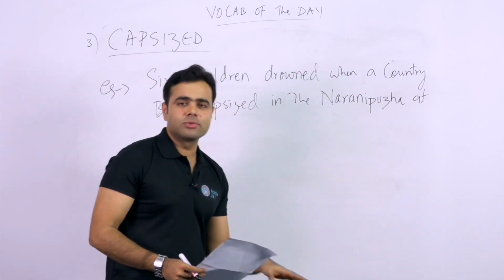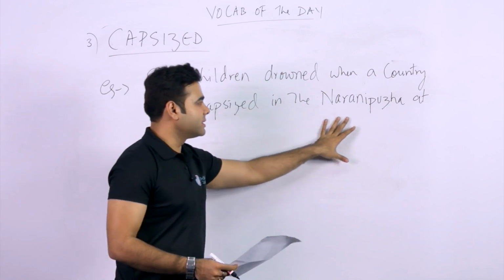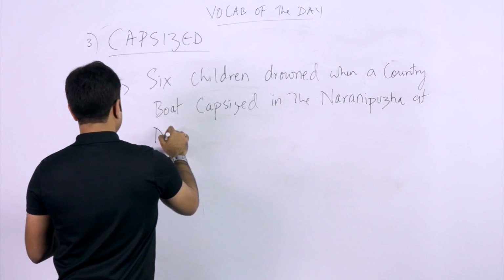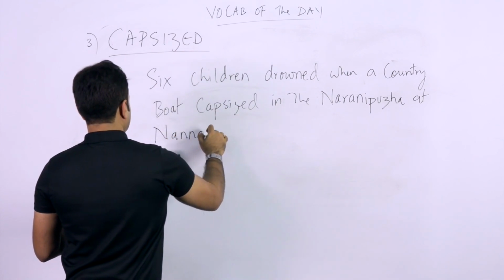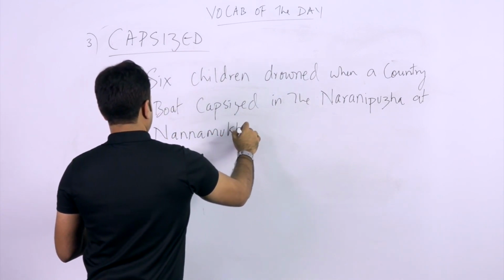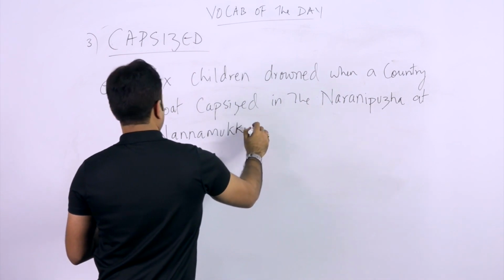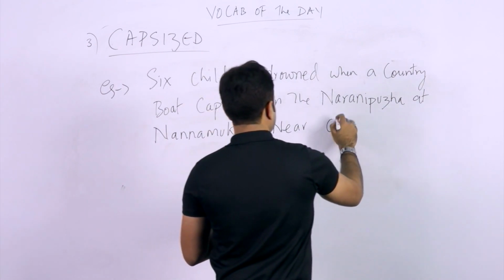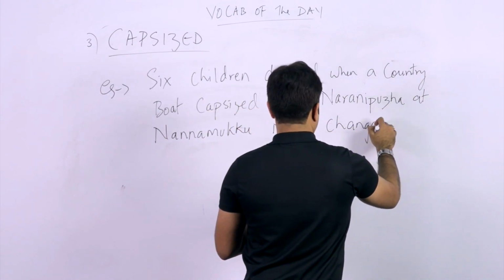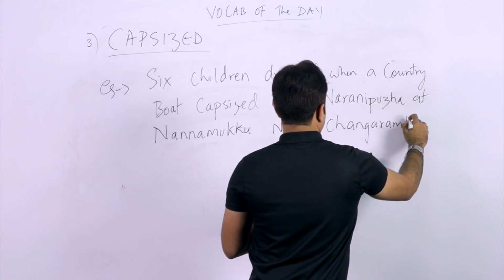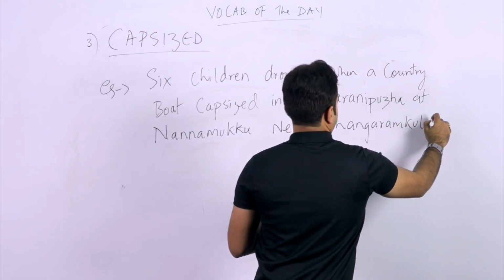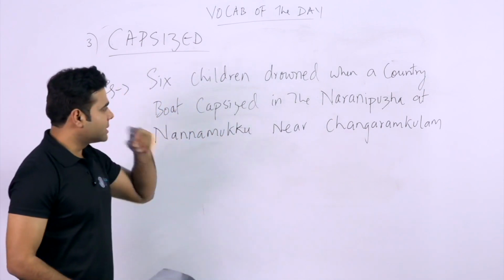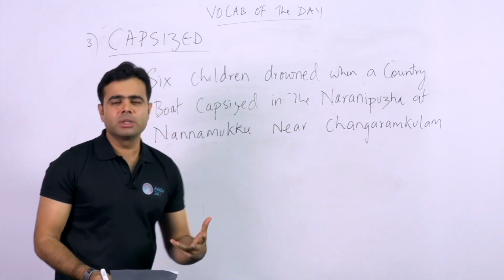All the students from South India must be able to understand or connect with this word. It's Narani-Puzha at Nanamuku near Changarmukulam. It's Changarmukulam. So it's a place where this word has been used. So it's a typical place name.